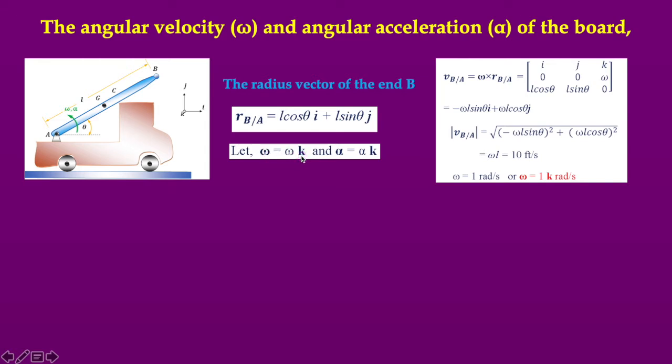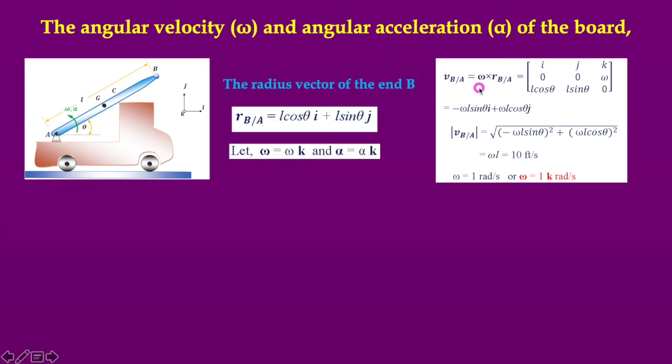You notice, as in previous classes also, we have denoted the vector only by the bold letter, and the normal letter indicates the scalar quantity. So here bold omega is the vector and this is the scalar, means the magnitude of the angular velocity. Similarly, the direction of alpha is also perpendicular to the plane, means in the k direction.